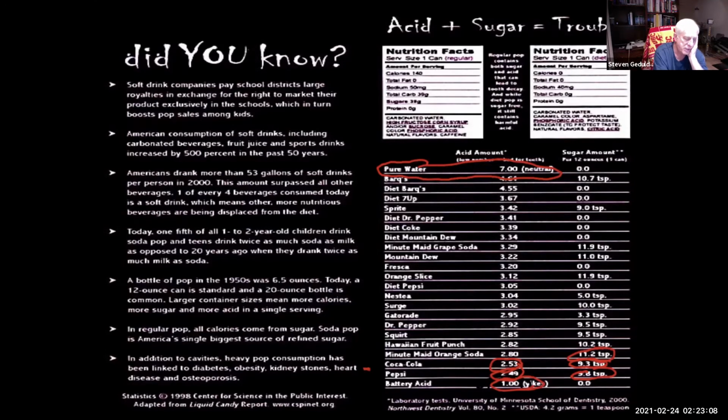Here's your Diet Coke again, 3.39 pH. Nestea iced tea, 3.04 pH and 5 tablespoons of sugar. It's amazing how much sugar is in all the stuff that we drink.